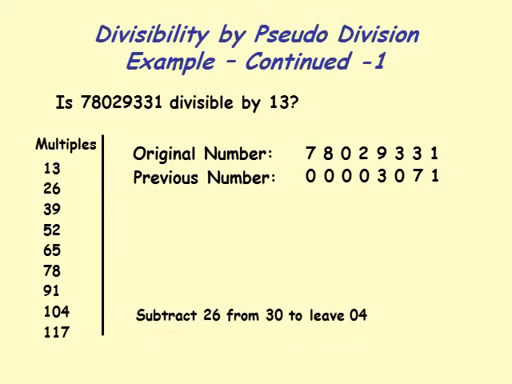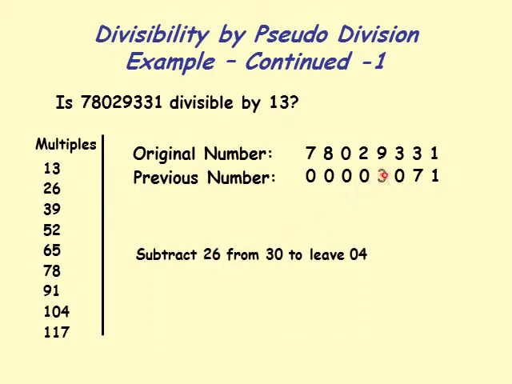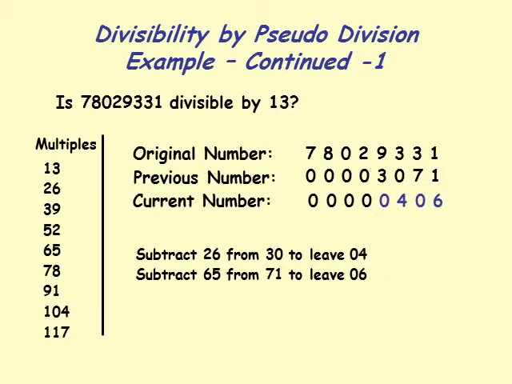Now we can subtract 26 from 30 here, so 30 would have 4 in the end. We can subtract 65, which is 5 times 13, from 71. That would leave 6. That means the current number is all zeros and 406.